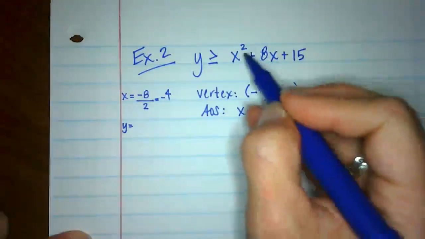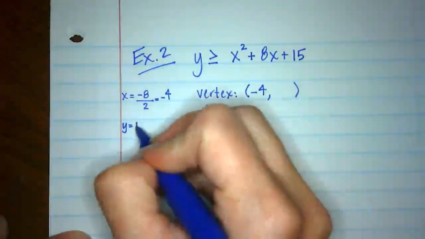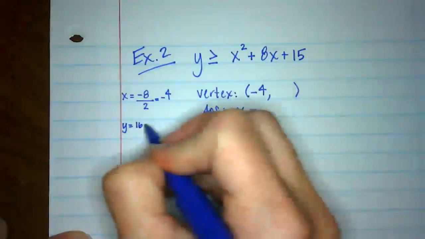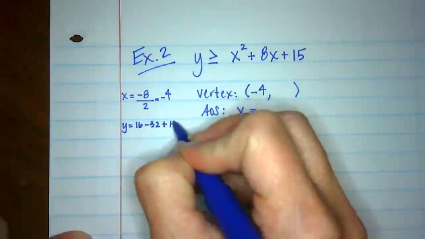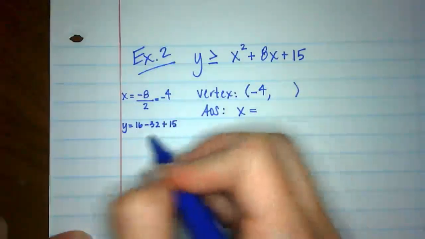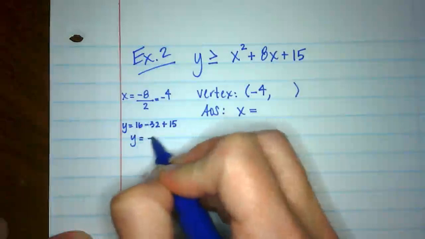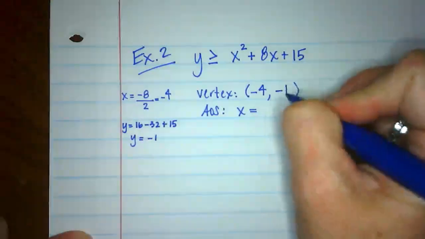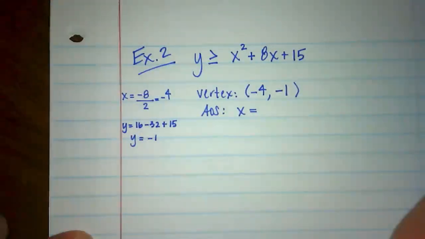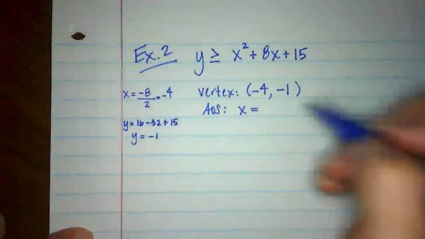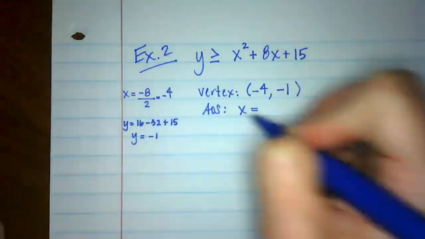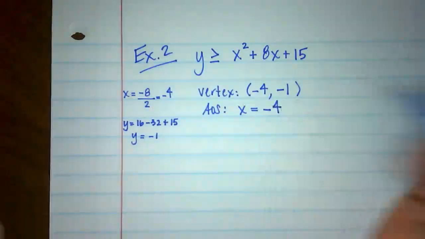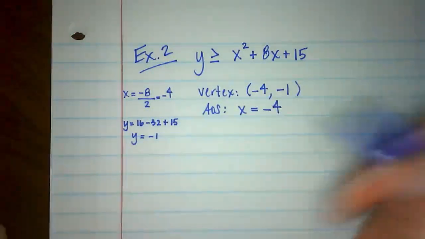Now we need to fill in -4 for x and work this out to get the rest. So -4 squared is 16. Fill in -4, that's -32, and then plus 15. So that is looking like -1. So our vertex is -4, -1. Because our vertex is -4, our axis of symmetry is x equals -4.